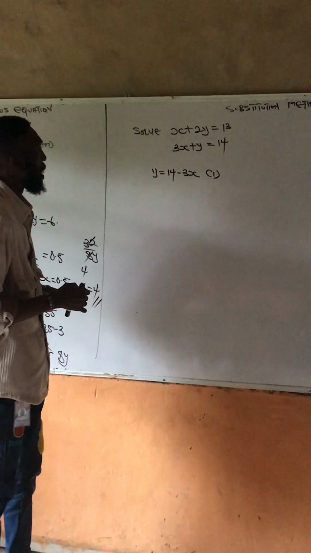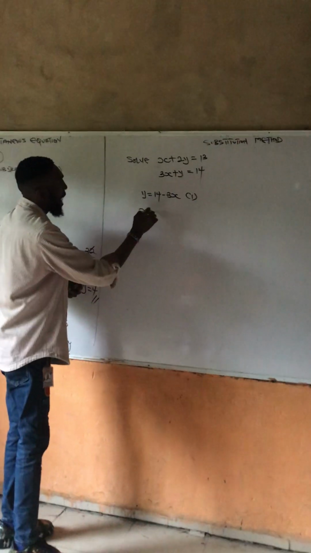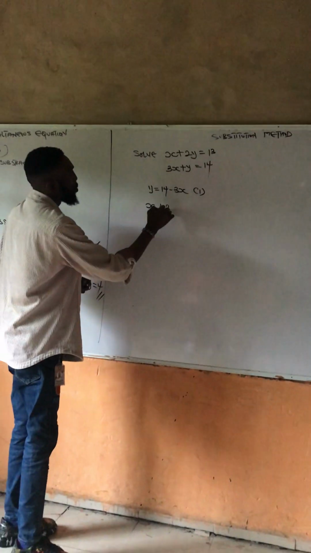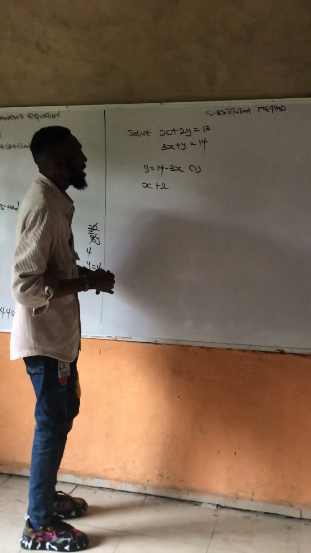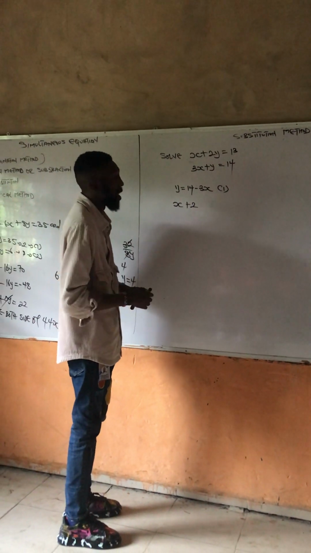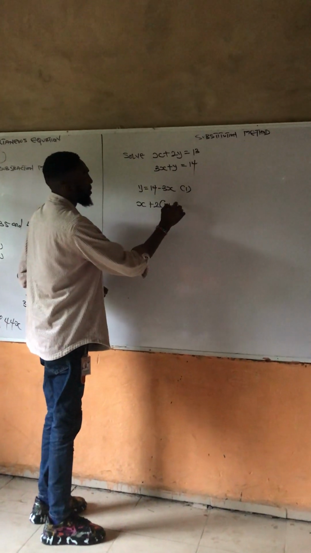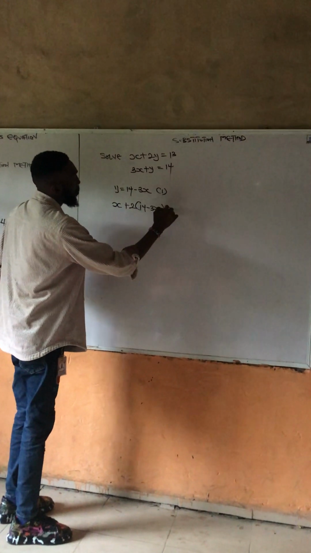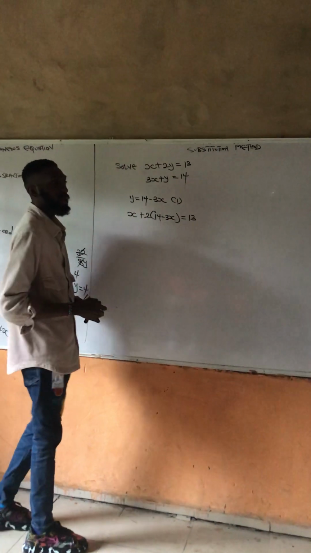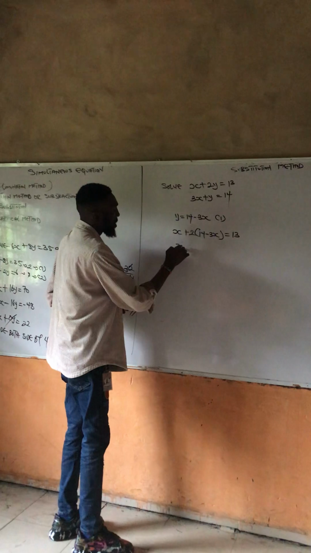So I'm going to start. It's going to be x plus 2, and because you know what y is, you don't need to put y again. You know y is equal to 14 minus 3x, so I'm going to put a bracket: 14 minus 3x, and close my bracket, equals 13. Now I'm going to open my bracket, which is x plus 2.